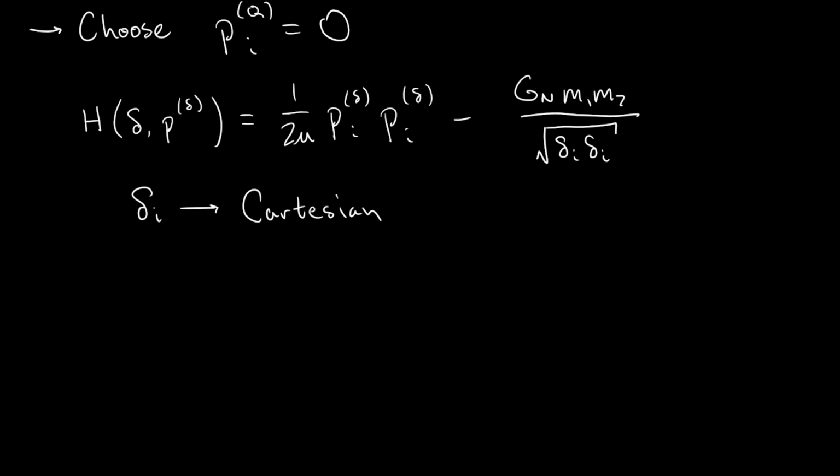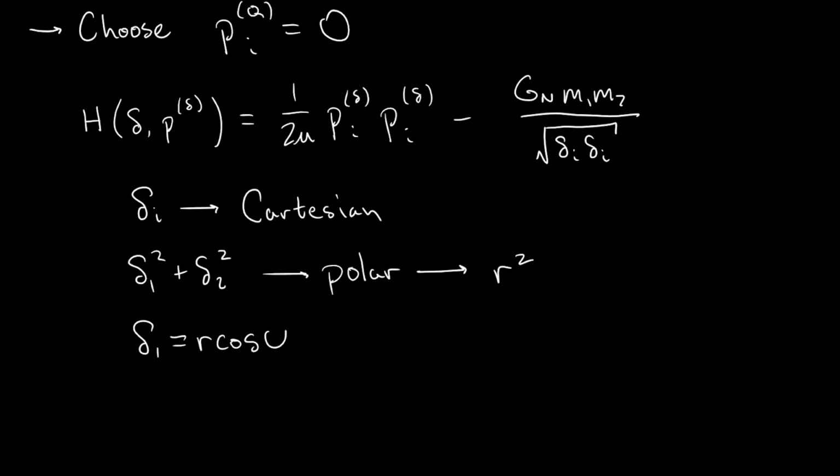But we know that something like this, so delta 1 squared plus delta 2 squared, is going to simplify greatly if I go to polar coordinates, right? Where this is just going to be r squared. So if I define delta 1 equals r cosine phi, delta 2 equals r sine phi, then our Hamiltonian simplifies even more.